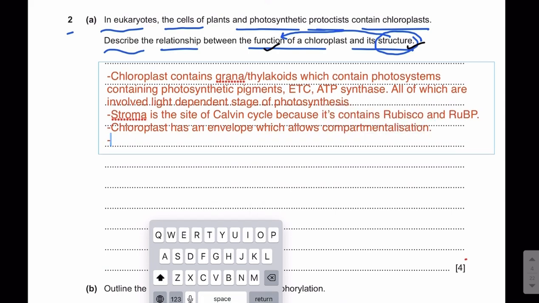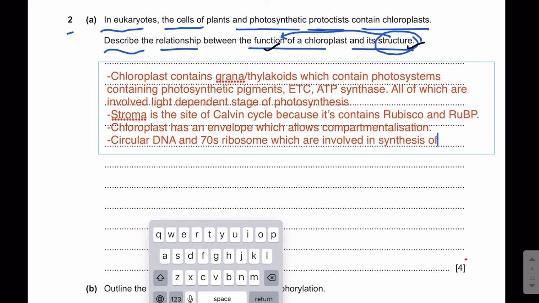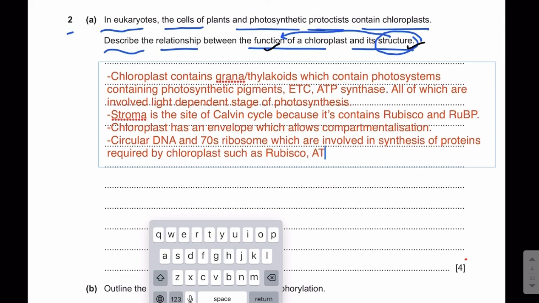We can also mention that there is circular DNA and 70S ribosomes, which are involved in synthesis of proteins, or we can say synthesis of proteins required by chloroplast, such as Rubisco, ATP synthase, etc.